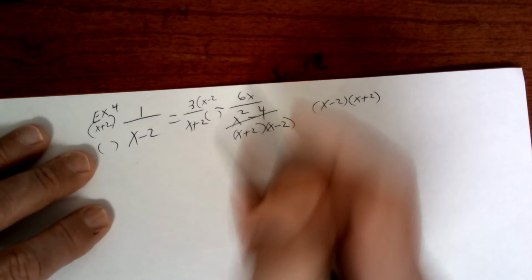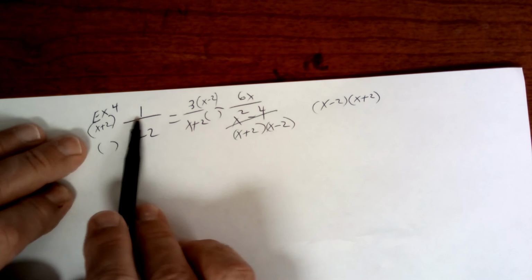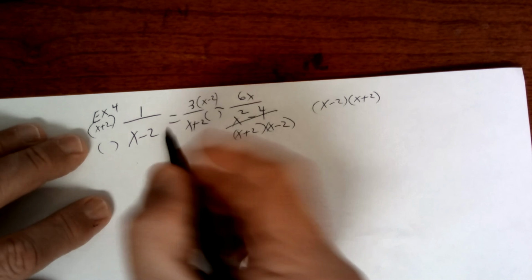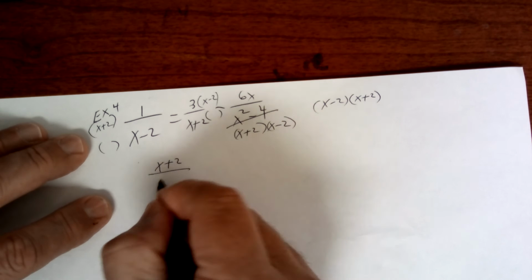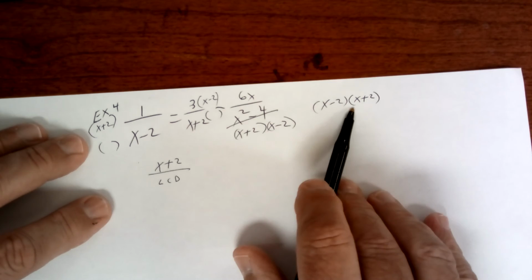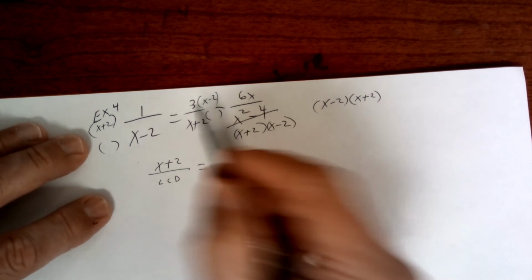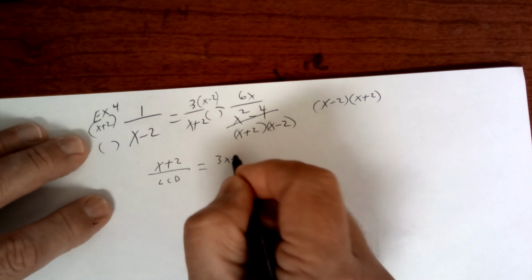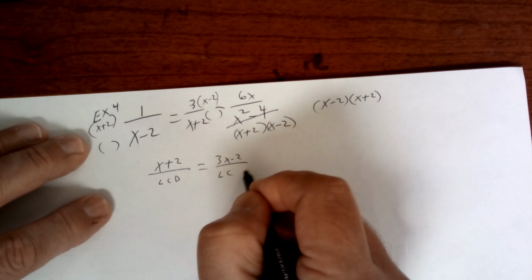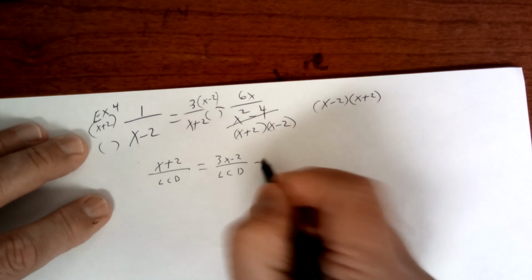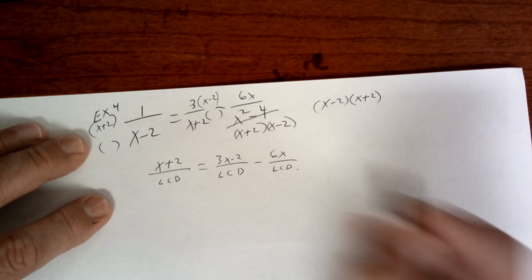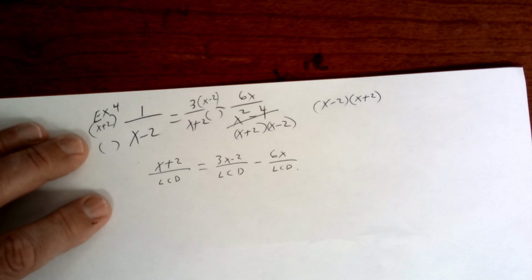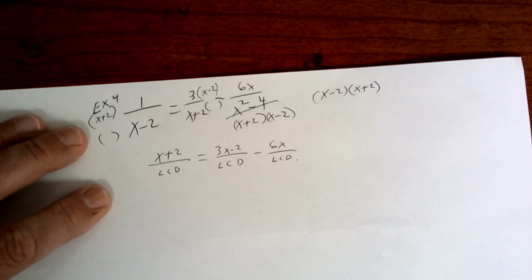Okay? So now you've got to distribute. So 1 times x plus 2 is going to be x plus 2 over your least common denominator, which is all of that. Over here, you're going to get 3x minus 2 all over your least common denominator, minus 6x all over your least common denominator. Okay? So once you get to this point, what you can now do is multiply both sides by your least common denominator.